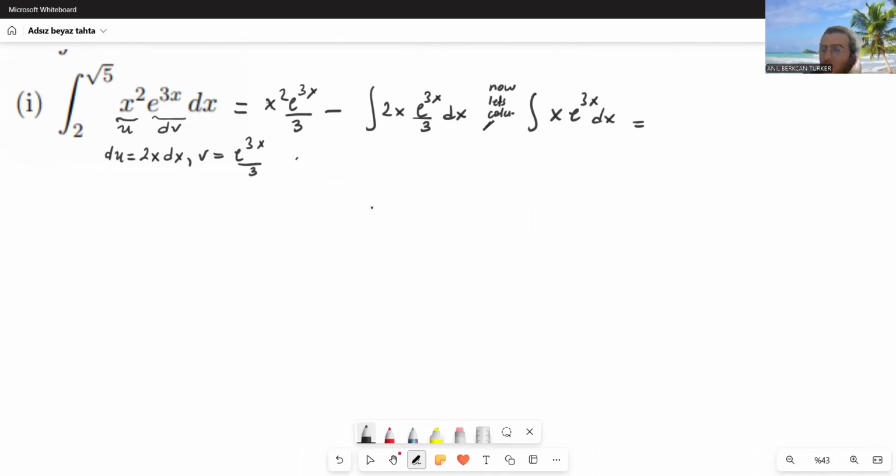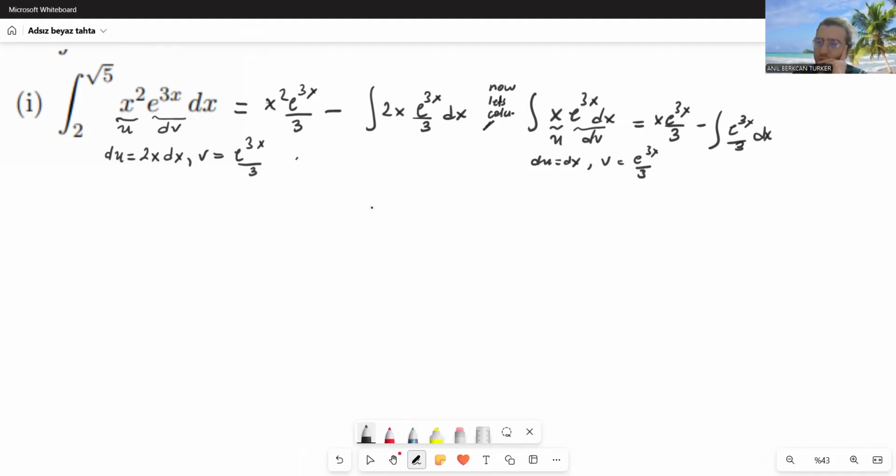So again, integral by parts, u dv. So du becomes dx, which means 1. v becomes e to the power 3x over 3. So this is just x e to the power 3x over 3 minus the integral of e to the power 3x over 3 dx.